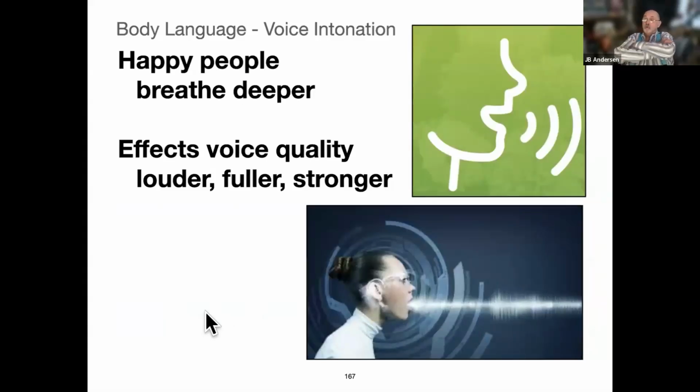If you're talking to someone and their breathing is not shallow, it's deep, that's a sign that they're understanding what you're saying, liking what you're saying, or liking you. And the kind of breathing that you do affects the quality of your voice. It can make your voice louder, fuller, stronger when you're breathing deep.